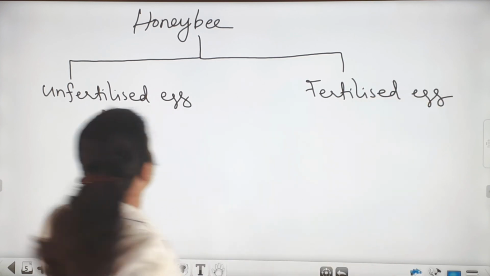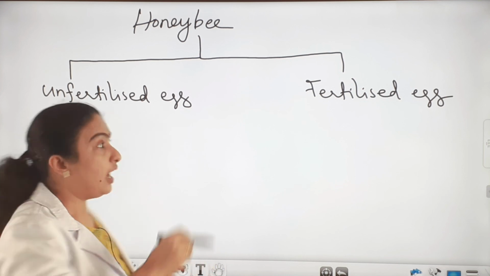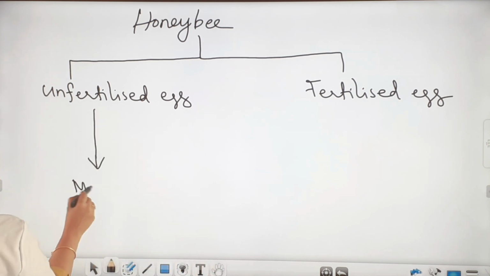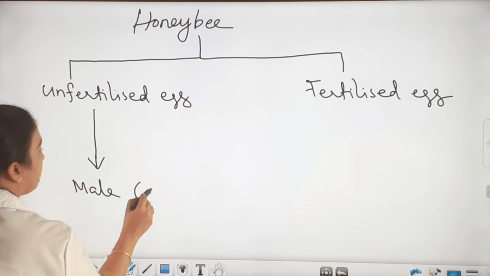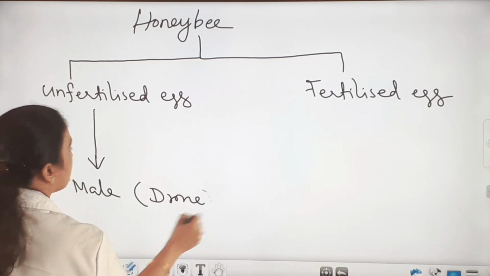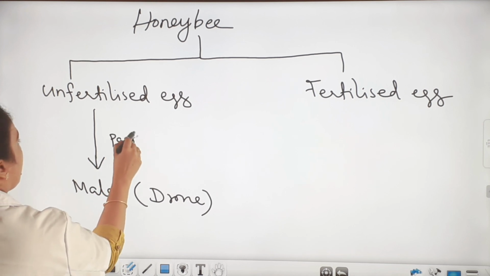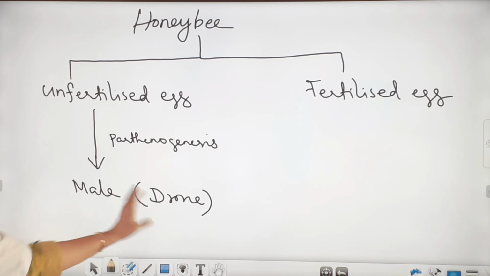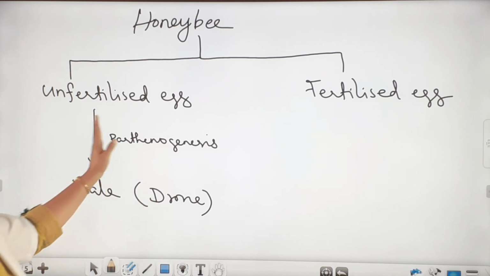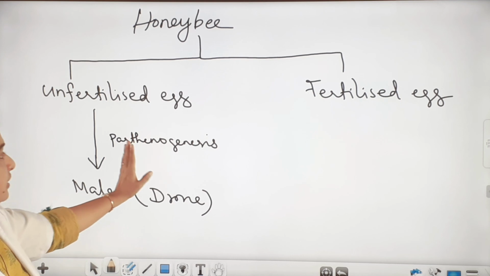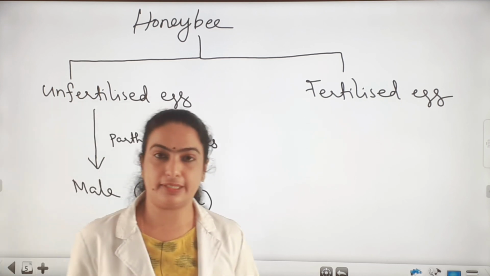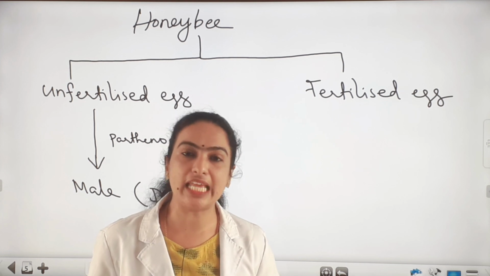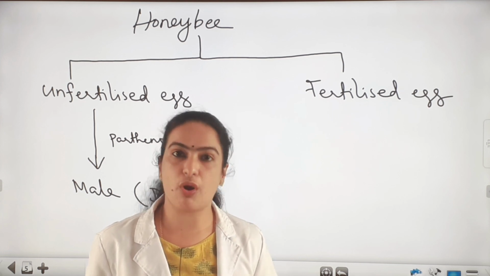The unfertilized egg undergoes parthenogenesis to form male bees, and these male bees are called drones. So drones are male bees produced by the parthenogenetic process of unfertilized eggs.